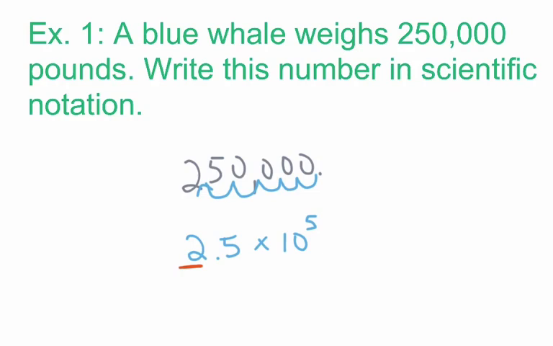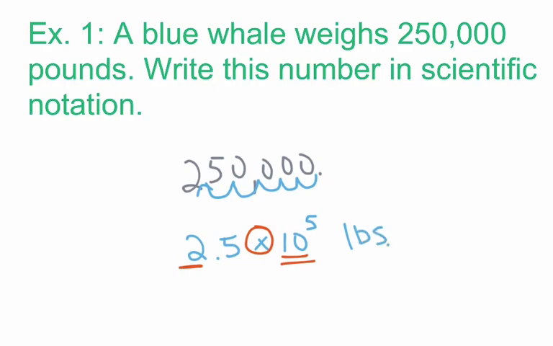So we need a single-digit number there. We need to multiply. Okay, we need to multiply. And we need to have a base 10. So those are the things that we're looking for. So here, 2.5 times 10 to the 5th power. And since it's a word problem, we want to use the correct label. So 2.5 times 10 to the 5th pounds.